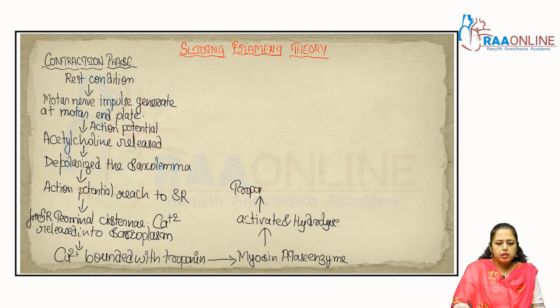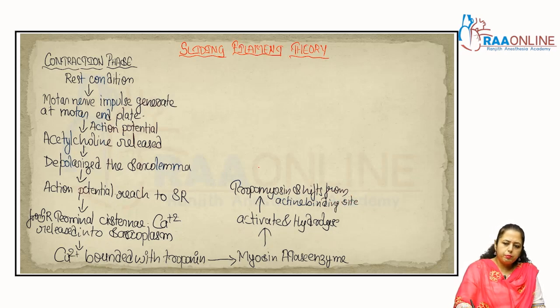That tropomyosin shifts from the actin binding site. Then what will happen? When it shifts from that actin binding site, the actin myosin cross bridge formation starts.